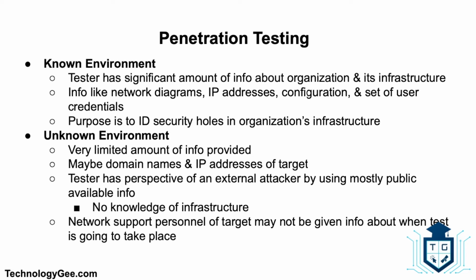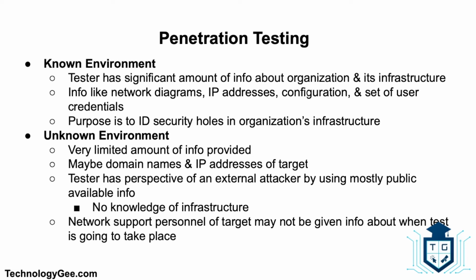Next is the unknown environment. This is where a tester is typically provided only a very limited amount of information, such as maybe a domain name and some IP addresses for a particular target. The reason for this test is to have the tester start out with the perspective of an external attacker. An external attacker normally identifies a potential target by gathering information about the target from public information.